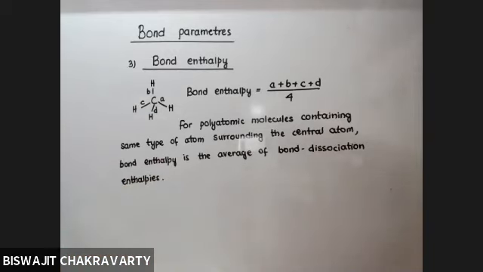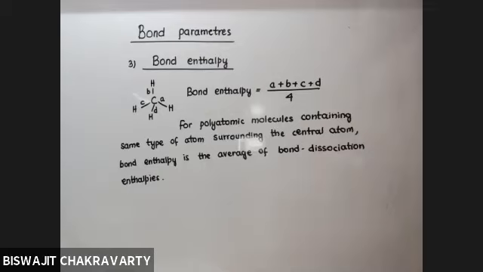Now, if it is asked whether bond enthalpies and bond dissociation enthalpies are always the same, the answer is they are the same if the molecule is diatomic, because for a diatomic molecule there is only one type of bond to be broken, and the average of a single value is the value itself. But when you talk about polyatomic molecules, to break each and every bond, the amount of energy required will be different, and we need to take the average of all these values to get the bond enthalpy.